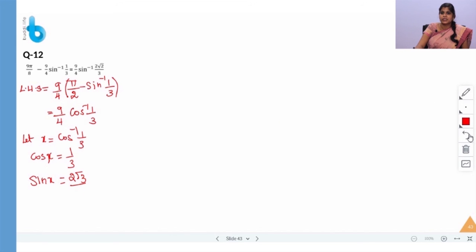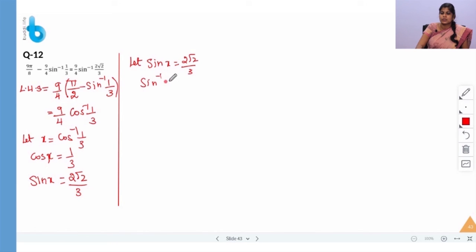If you apply the Pythagoras theorem in the right angle triangle, you will get the sin value, that is the opposite side, as 2 root 2 by 3. Let sin x equal to 2 root 2 by 3.